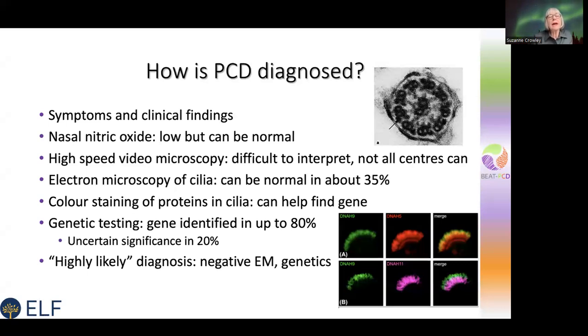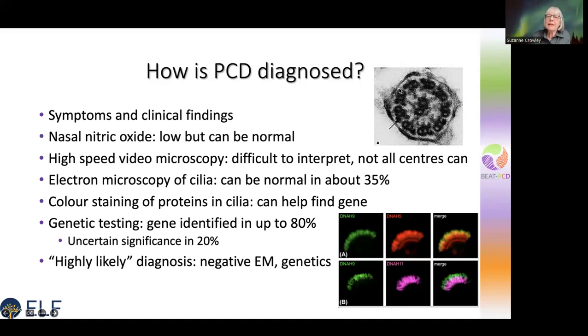We could look at how the cilia beat using light microscopy, so using a microscope to look at the cilia beating. But this is a difficult test to interpret, and not every center can do this. We don't do this in Norway, for example. And then we can look at the internal structure of the cilia using a powerful microscope called an electron microscope.